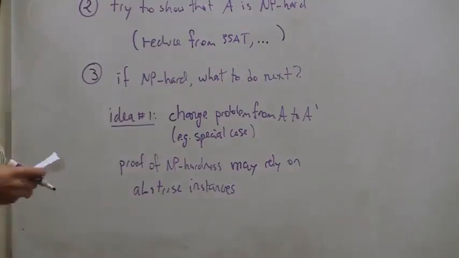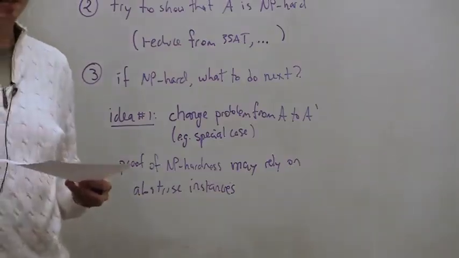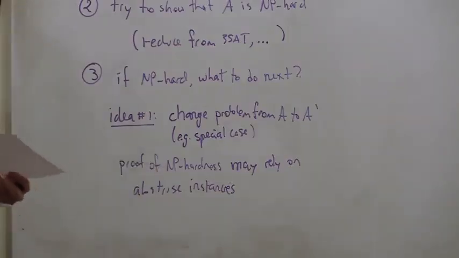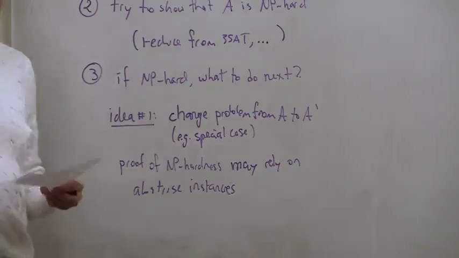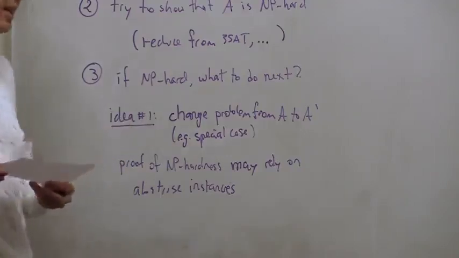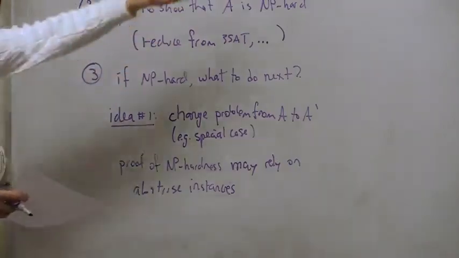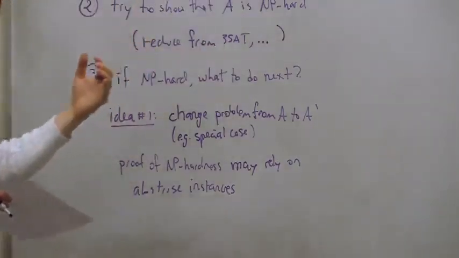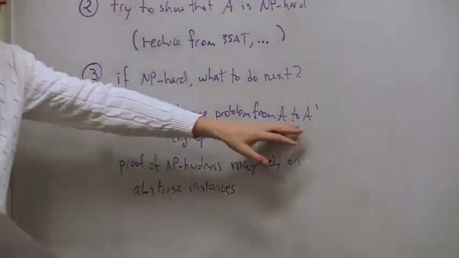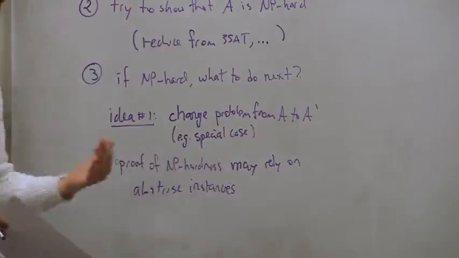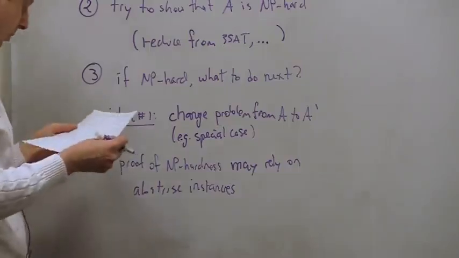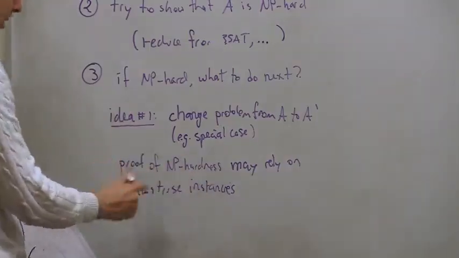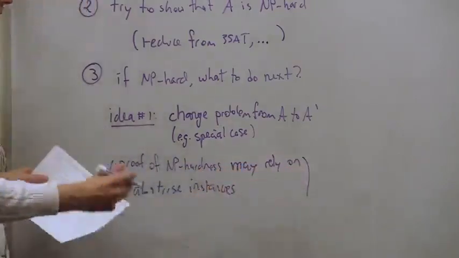We constructed instances of independent set and Hamiltonian cycle that looked pretty peculiar, right? So maybe you're not interested in having an algorithm that solves all instances of independent set or all instances of Hamiltonian cycle. Similarly, for the problem at hand, you may be interested just in a special case. So go ahead and formulate it into some problem A prime, and maybe that A prime is not going to be NP hard anymore. So one idea is to just change your problem, as informed by the fact that your NP hardness proof relies on specific degrees of freedom that maybe you want to remove.